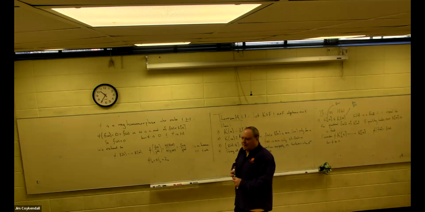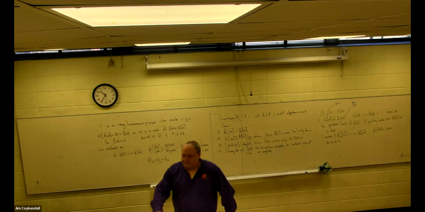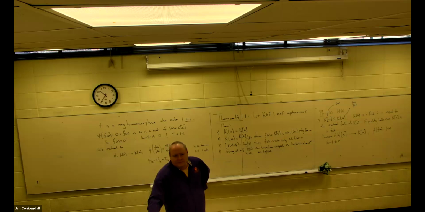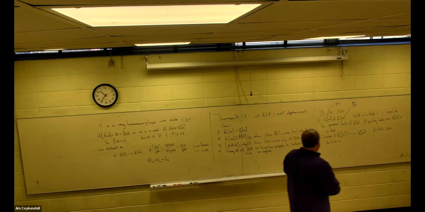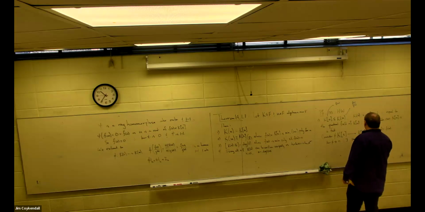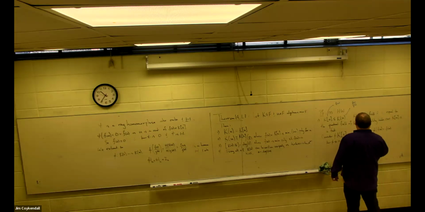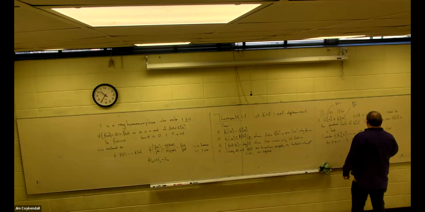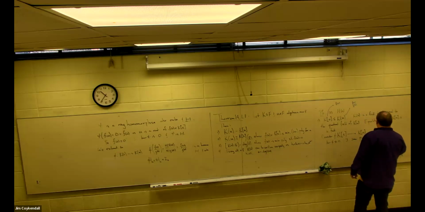Why? Use transcendental. No, sorry, algebraic. That is correct. There exists some p of x in K[x] such that p(u) is zero.